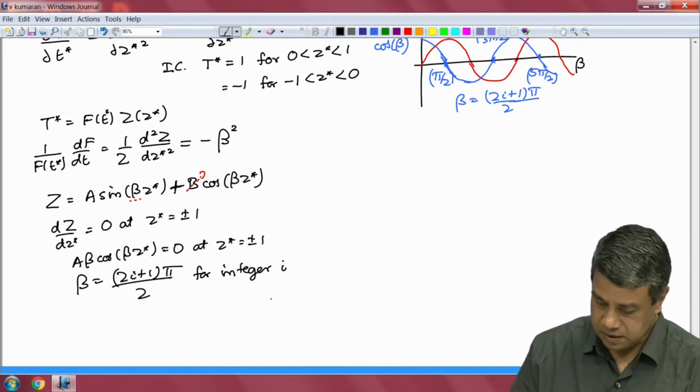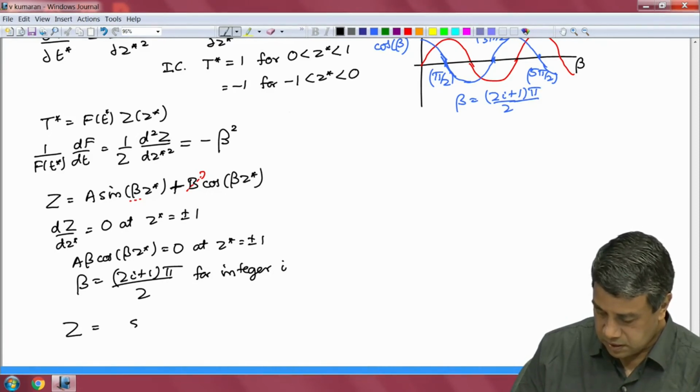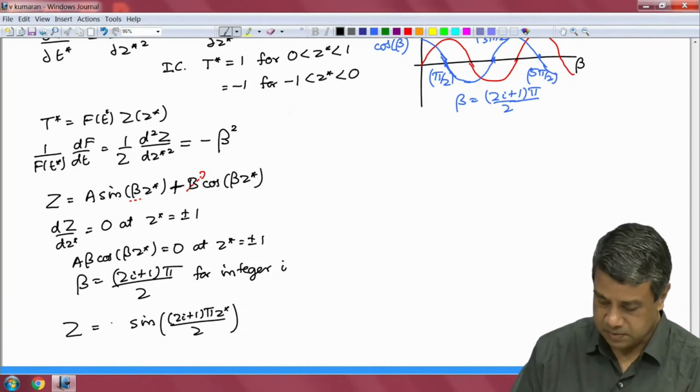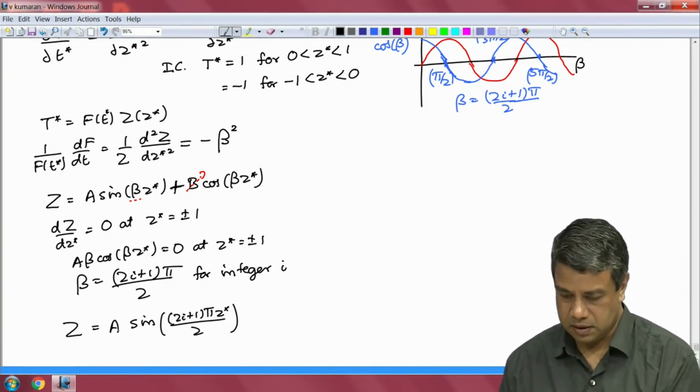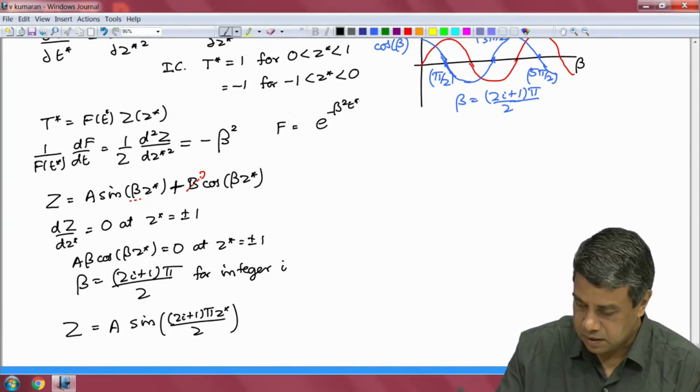Therefore, this gives us the solution Z equal to sine of (2I plus 1) pi z by 2 times some coefficient, and F is equal to e power minus beta square t.